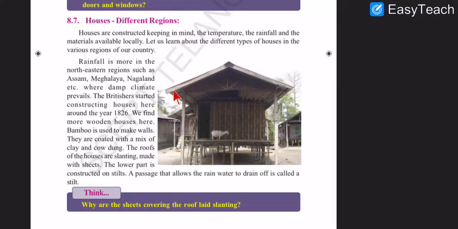Slanting means they are slightly tilted. The roofs of the houses are slanting, made with sheets. The lower part is constructed on stilts. A passage that allows the rainwater to drain off is called a stilt.